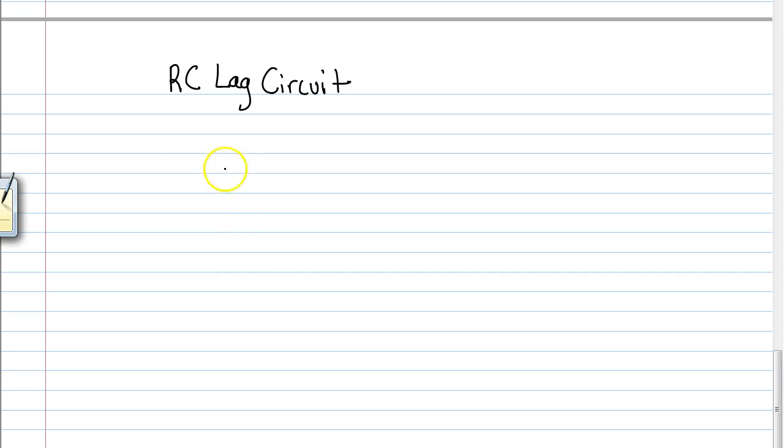Let me show you how to design one. Very straightforward. There's your resistor. Here's your capacitor.